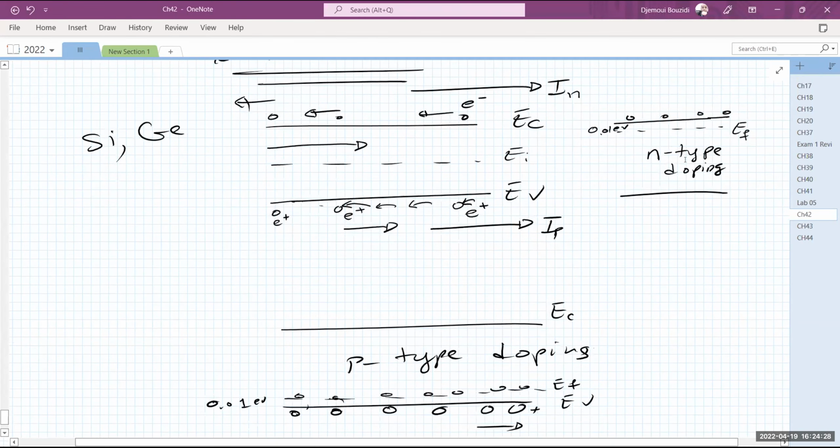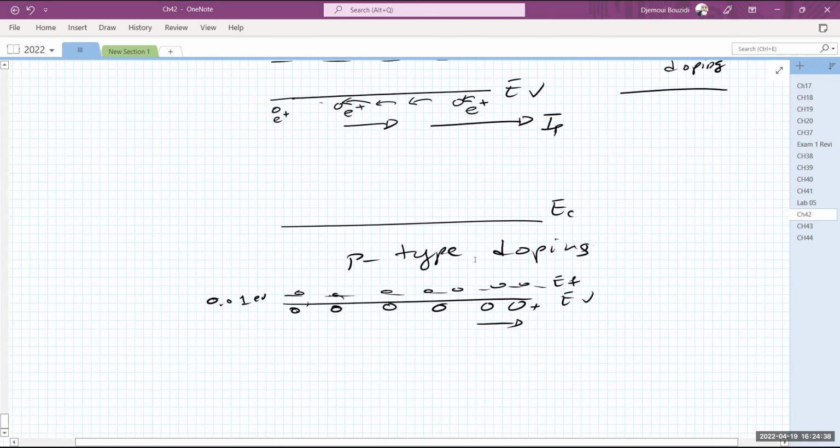But when you dope it properly, with either N-type materials, these are called donors, and these are called acceptors, you will get a significant conduction. Of course, it's going to be in one direction or the other when you join the two. Makes sense so far?